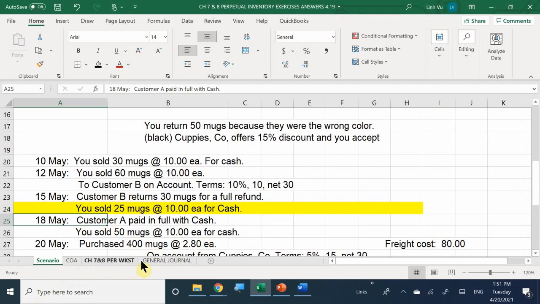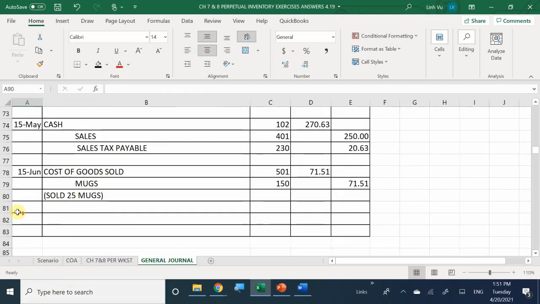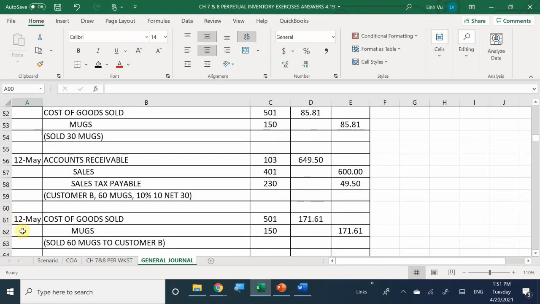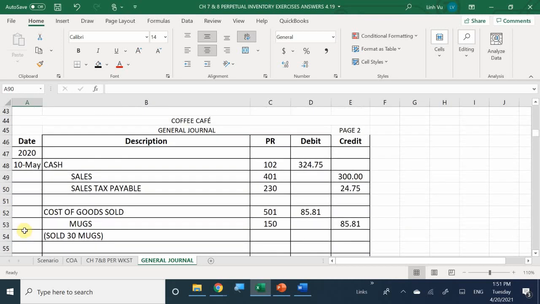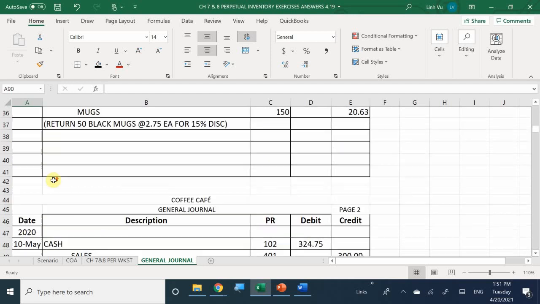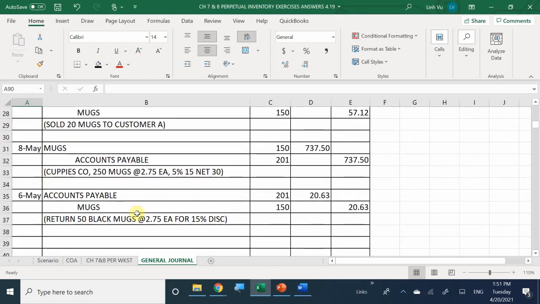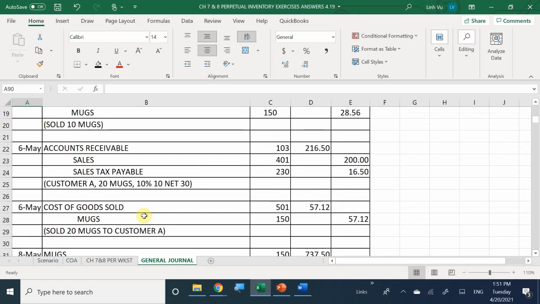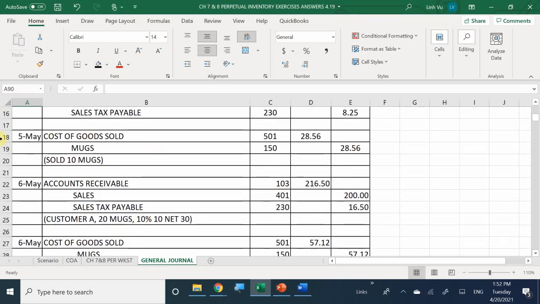So let's take a look at our journal. Okay, let's go up to the May 6th and determine how much customer A owes us. Okay, so here we are. Accounts receivable.